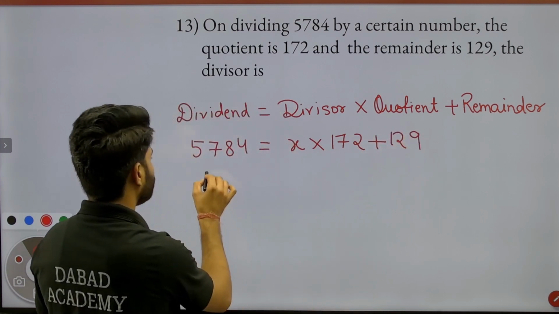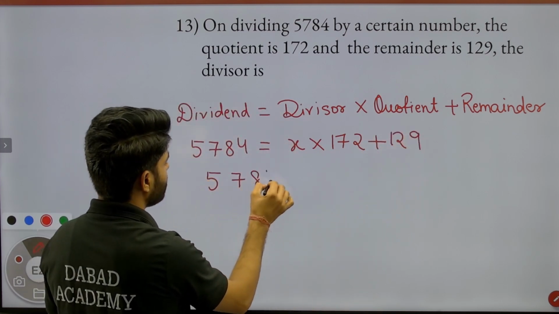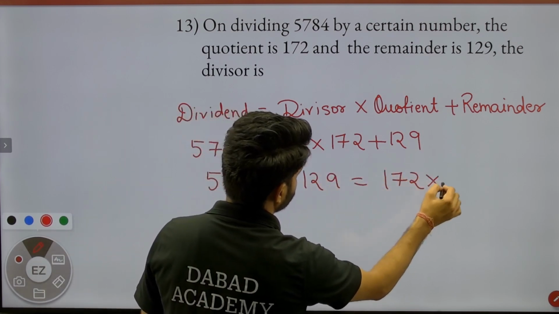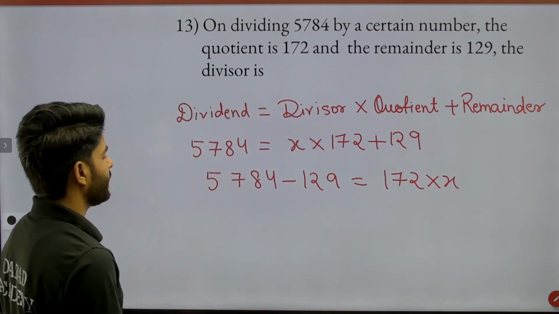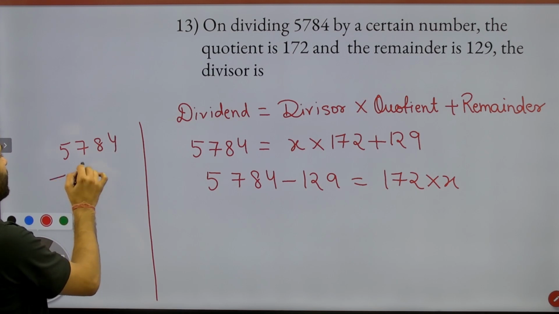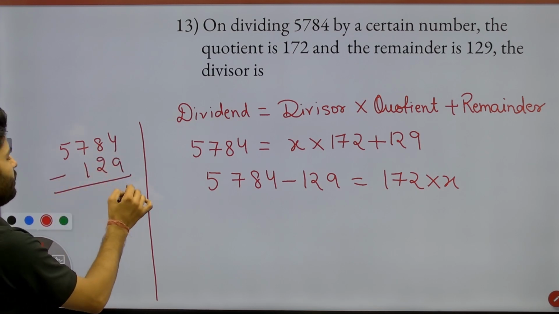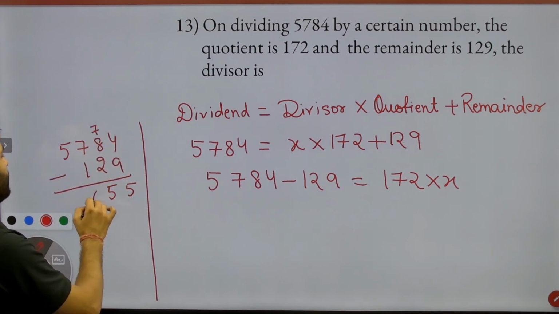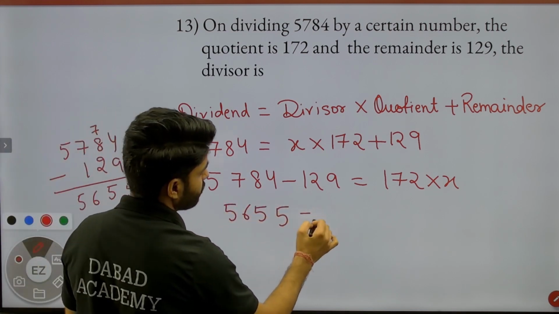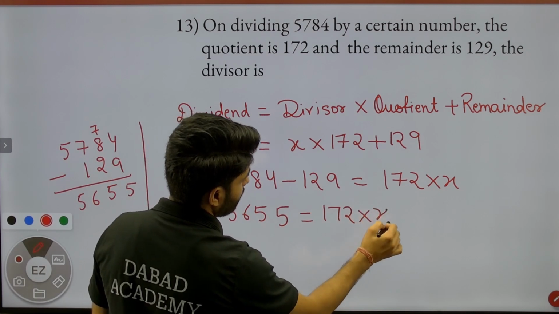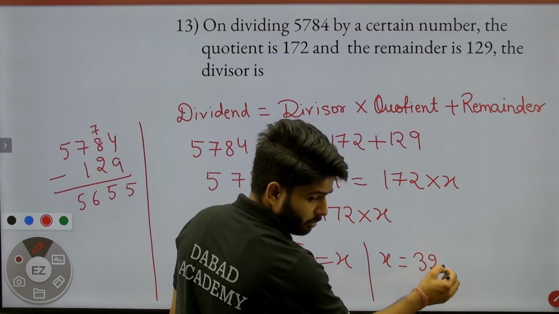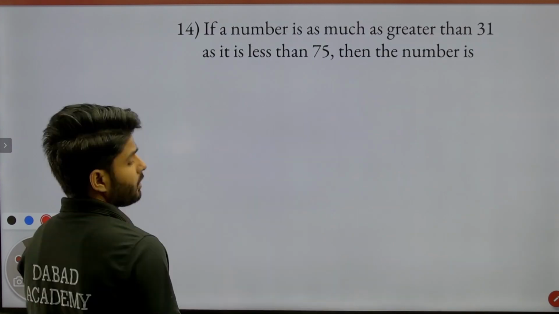First we subtract the remainder from the dividend: minus 129 equals 172 into x. So 5784 minus 129 is 5655 equals 172 into x. Now we have to divide it by 172. So the divisor is 32.877.